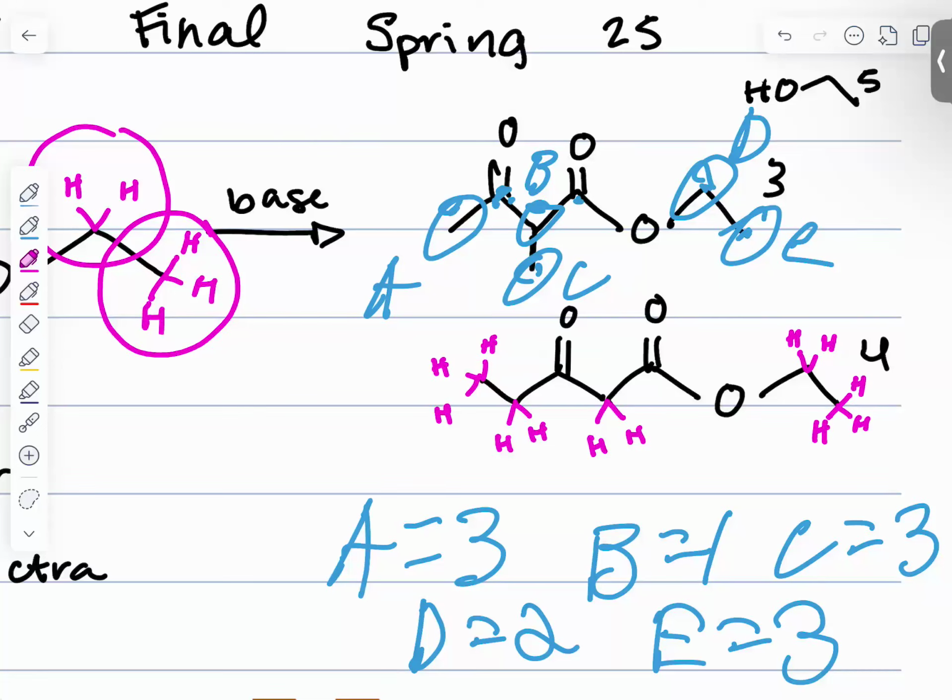And then there's not symmetry here, so we're not seeing any identical signals. All of them are going to be chemically unique. So we'll call this A, B, C, D, and E.